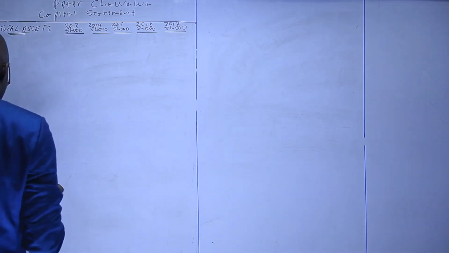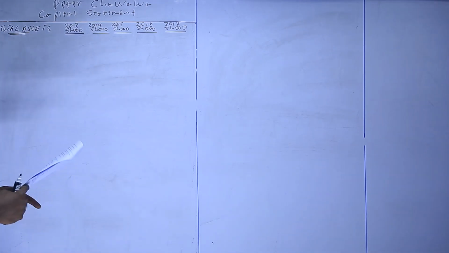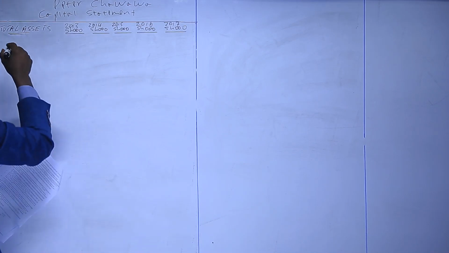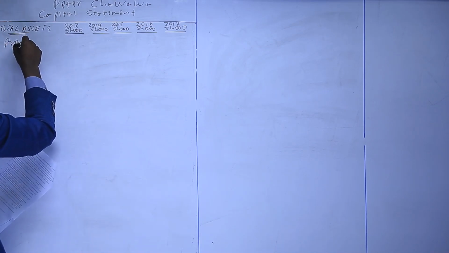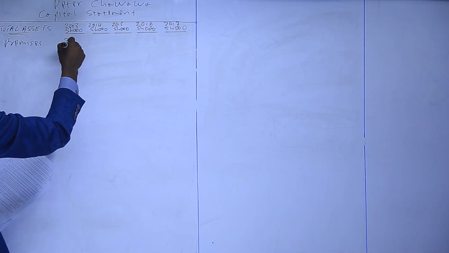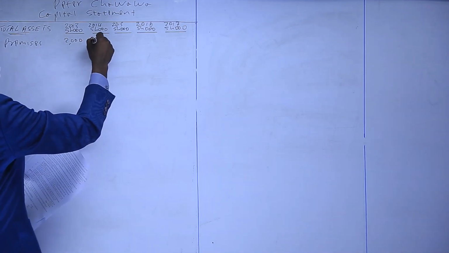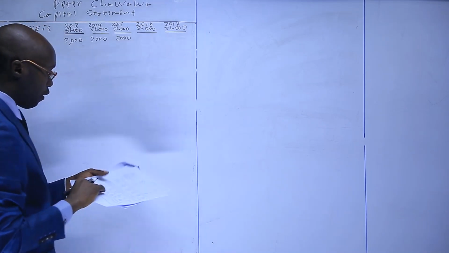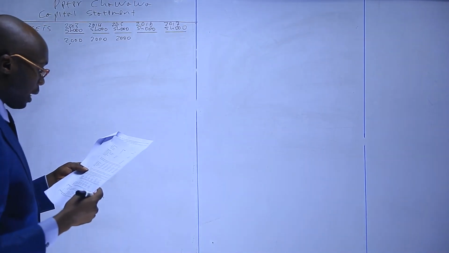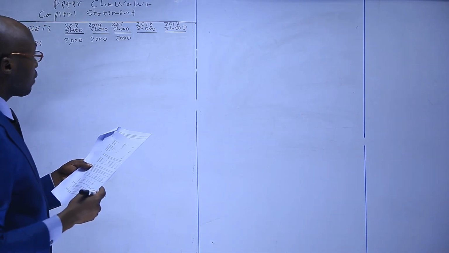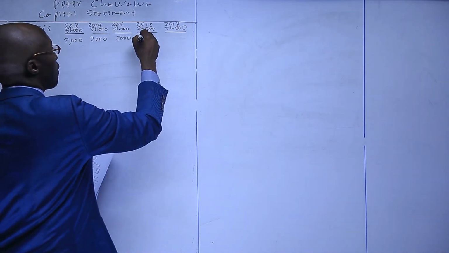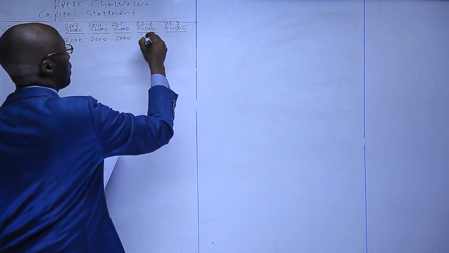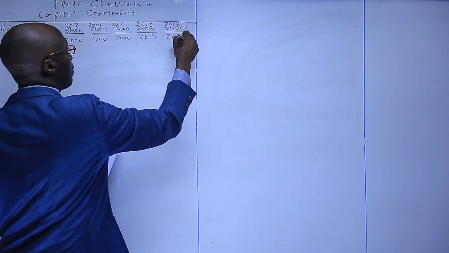So first of all, we'll bring forward the non-current assets, which we have premises, 2,000, 2,000, 2,000. But now in additional information number 2, there was an extension in 2016 of 625. It will be 2,625, 2,625.